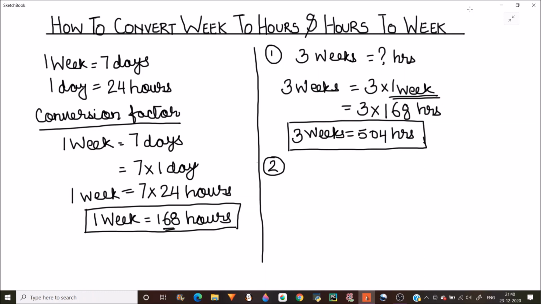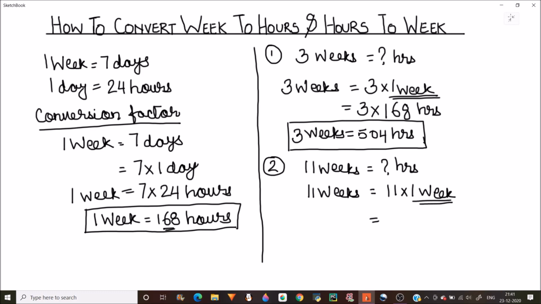Now let's try and find out how many hours is equal to 11 weeks. 11 weeks can be written as 11 times 1 week, and in place of 1 week we can write 168 hours, because we just found out the conversion factor that 1 week is 168 hours.